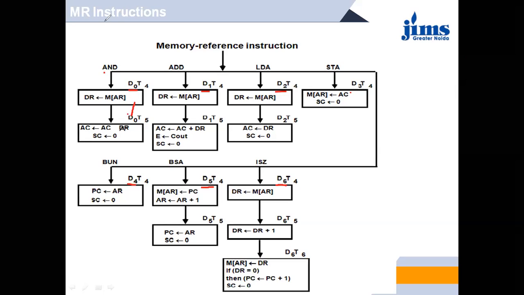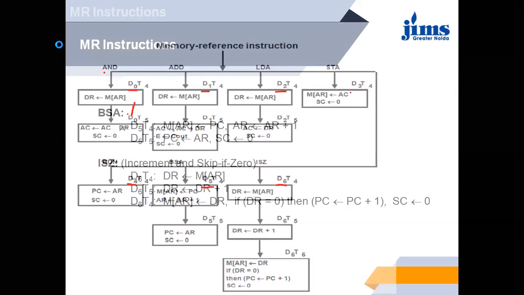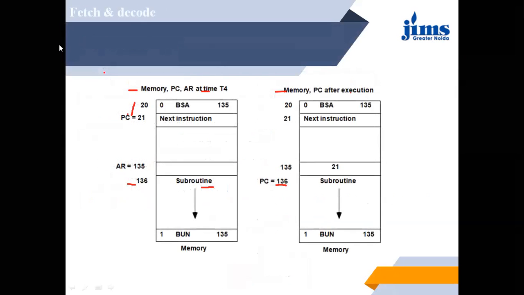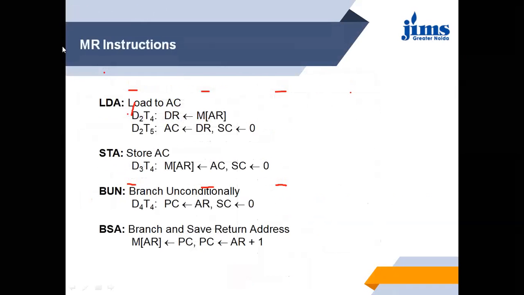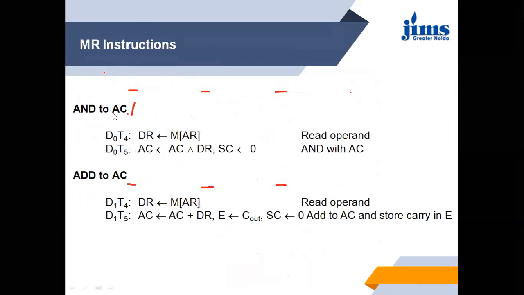You can see from the last step that when we are accessing the AND operation, first we send the content of memory to DR, then we do the AND operation of DR and AC. Last time we also discussed this.